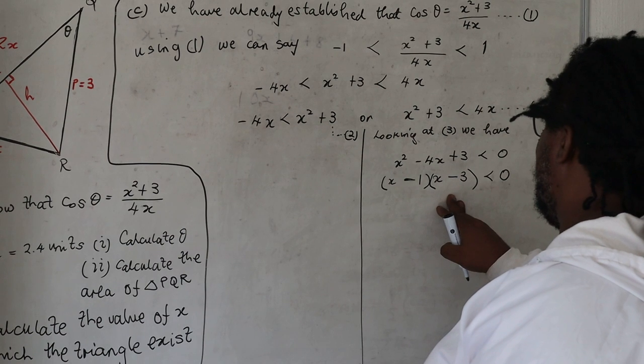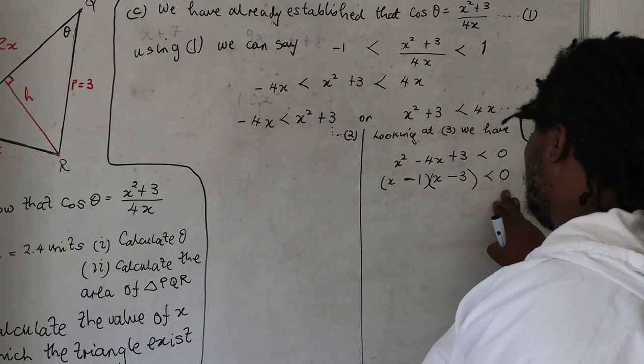So the two multiplied together will not satisfy the inequality.